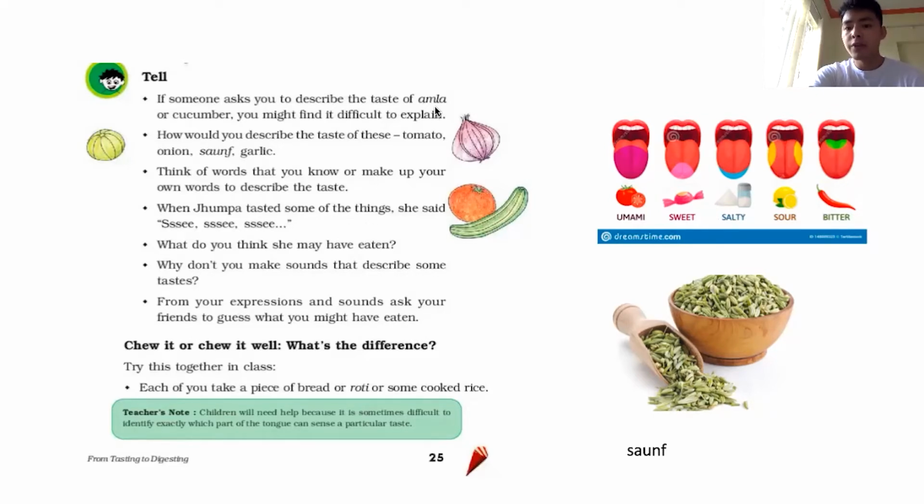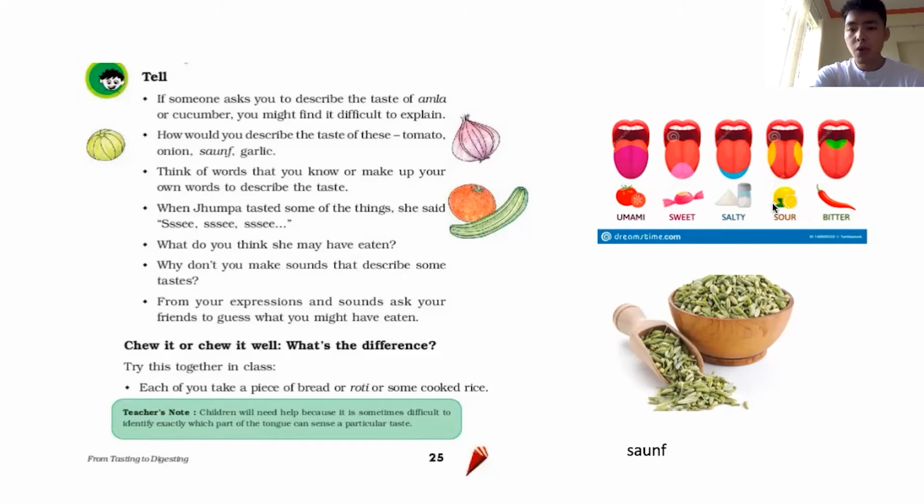But take the case of an amla. Cucumber is sweet to a degree, even salty to a degree. Amla is bitter to a degree and sour to a degree.